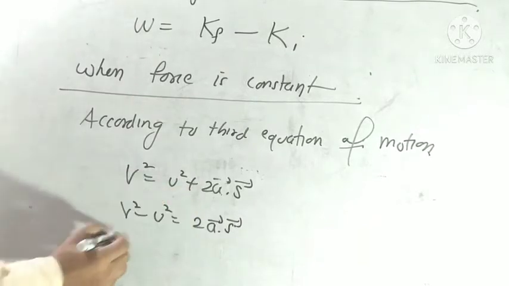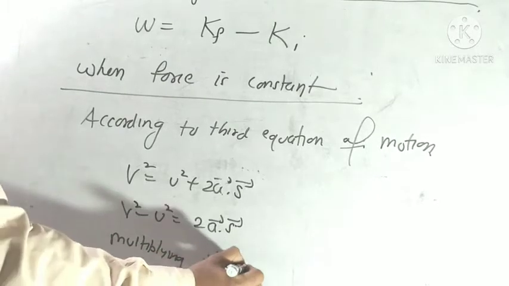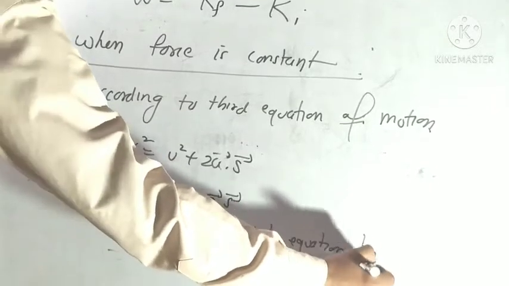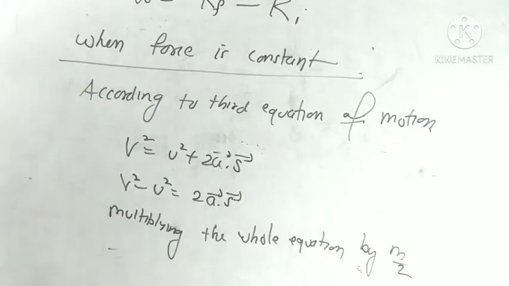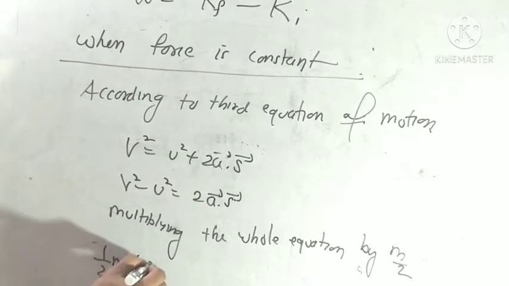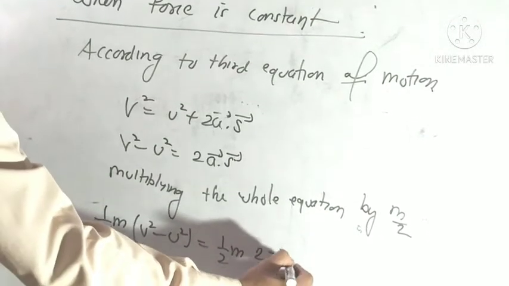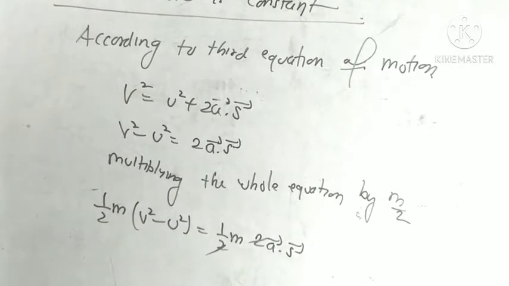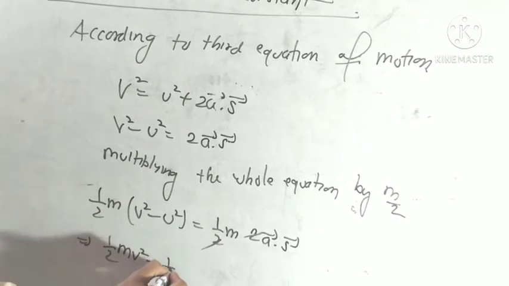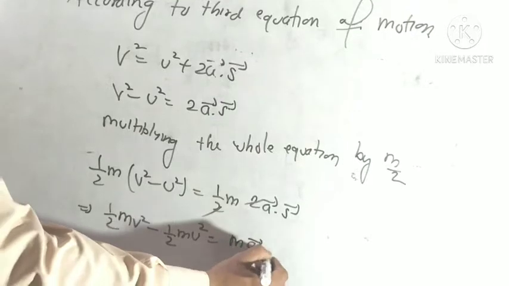Multiplying the whole equation by m by 2, half m, we have half m times v square minus u square equals half m times 2a dot x. The 2 and 2 cancel here, and we get half m v square minus half m u square, and here m a dot s.